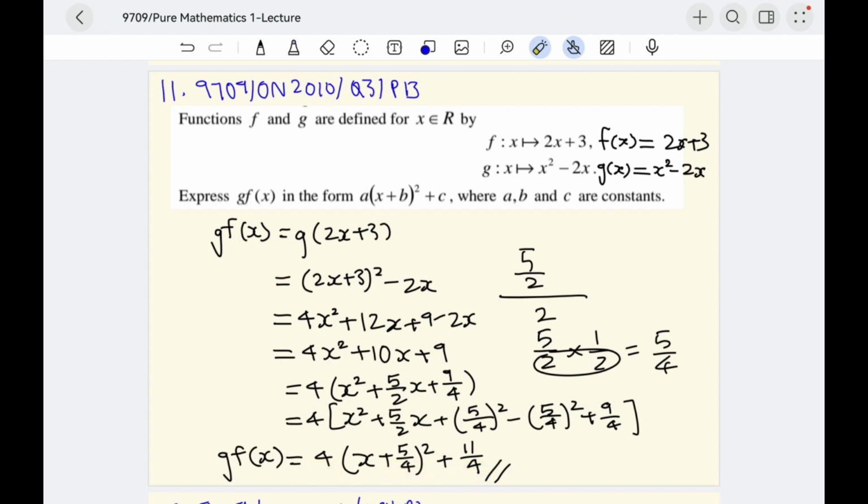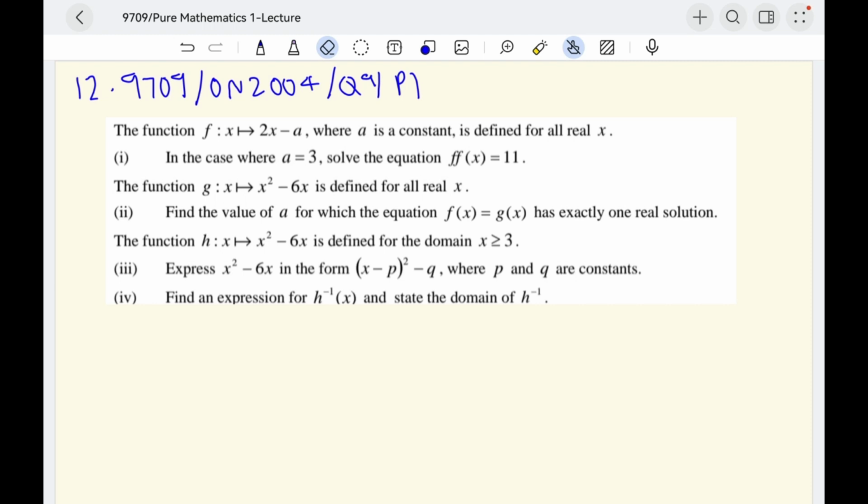Well, let's proceed to the next question. This is question 12. This is 9709, October, November 2024, question 9, paper 1. The function f maps x to 2x minus a, where a is a constant, is defined for all real x.